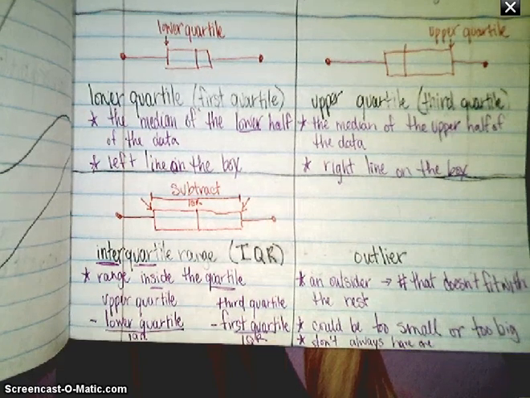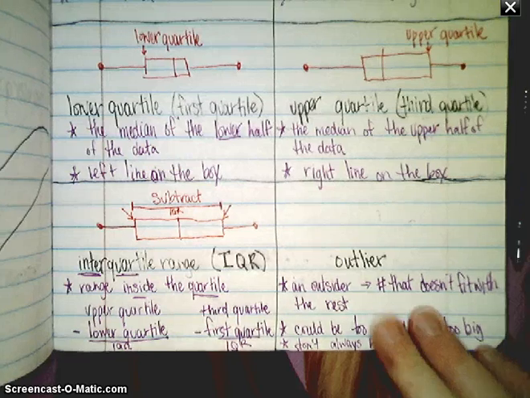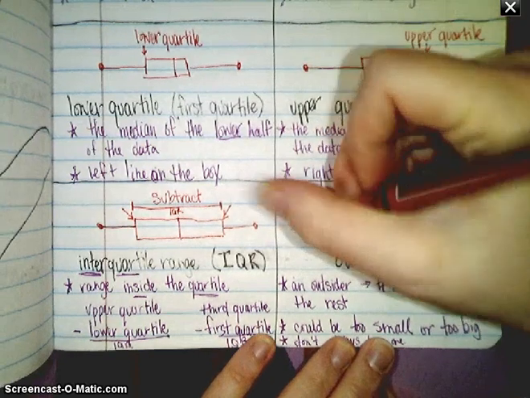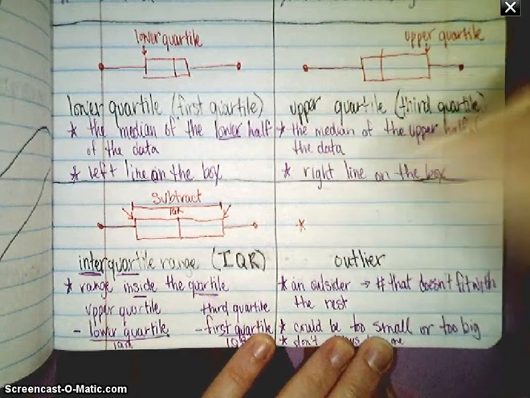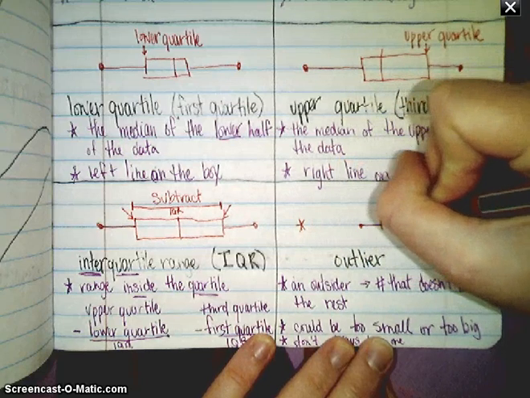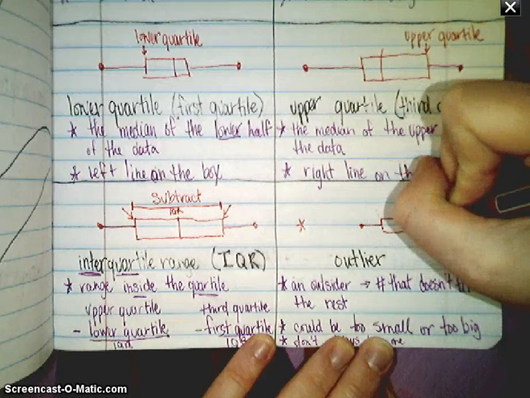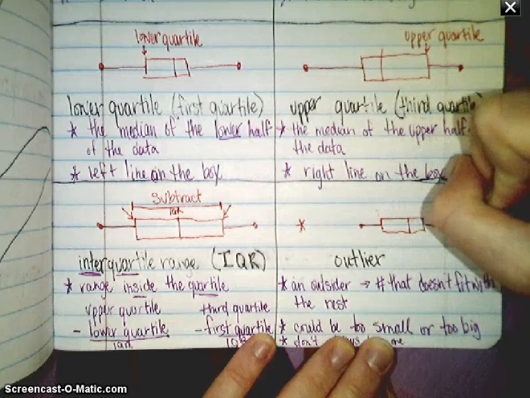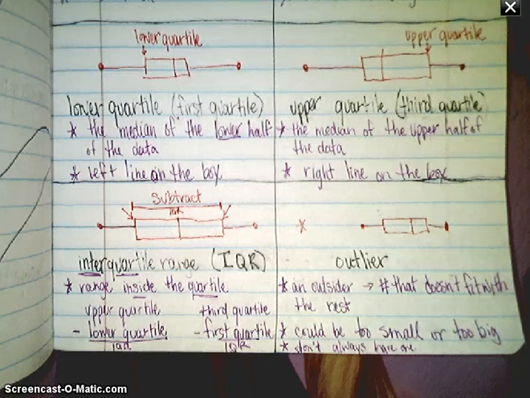And on a box and whisker presentation of data, it's going to be represented by an asterisk. And then we've got our actual box and whisker plot way over here. That's what that looks like there.